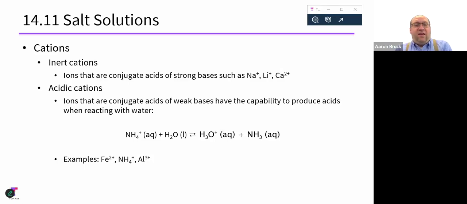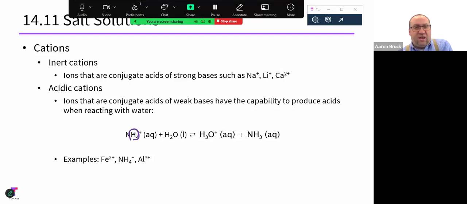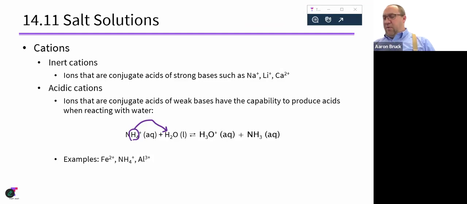Ions that are acidic are going to be metal ions or ammonium ion that can react with water. So probably the best and most well-known example is that of ammonium. With ammonium, we can see hydrogen donated to the water to make hydronium and ammonia as its conjugate base. For the metal ions that are acidic, it's a little bit more complicated than that.